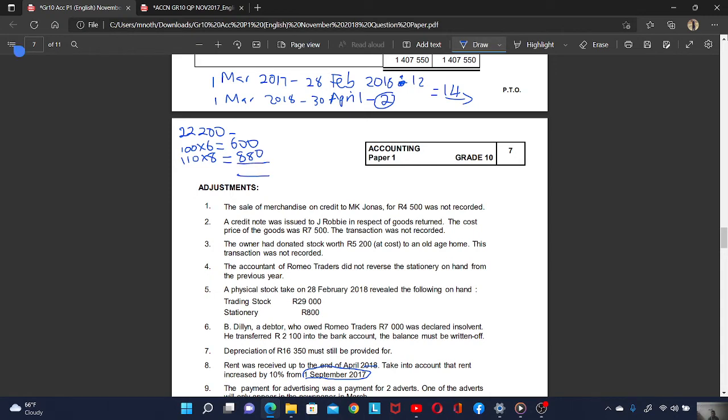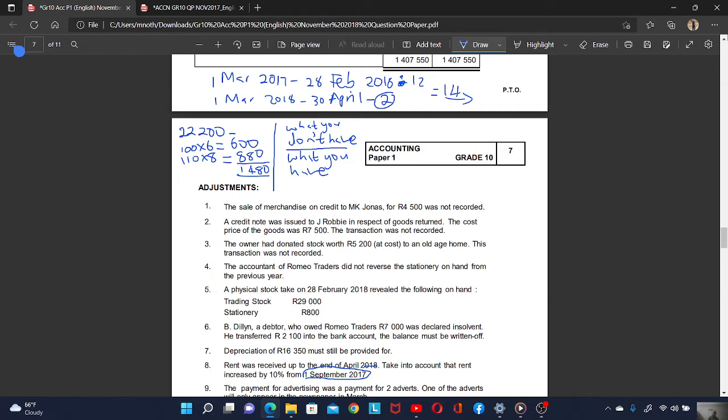So 600 plus 880, it's 1,480. Okay. And then there's this formula that I want you to learn. This formula says above you put what you don't have, and then below you put what you have.